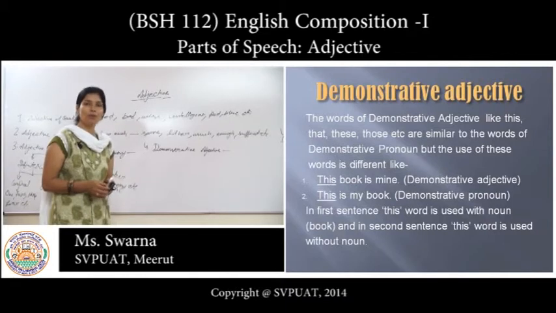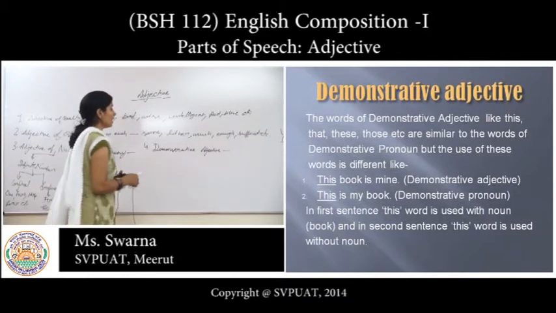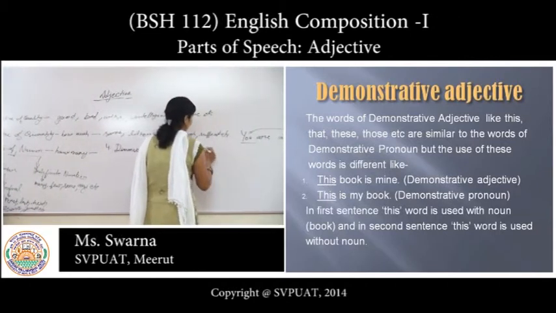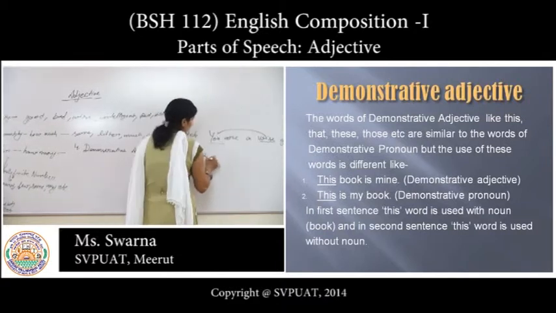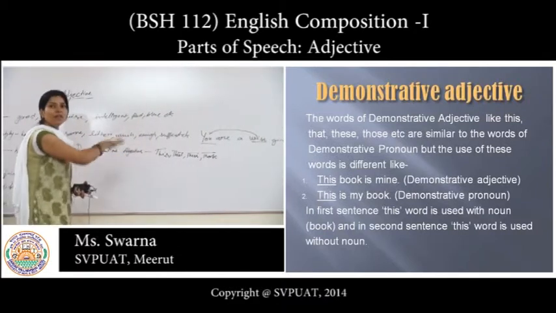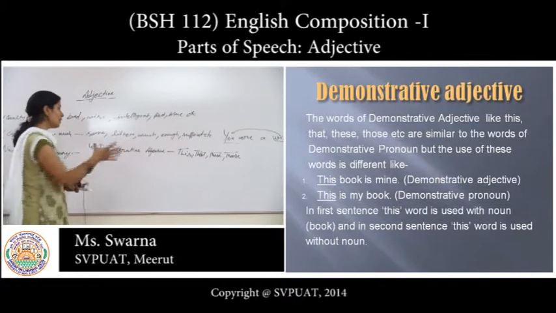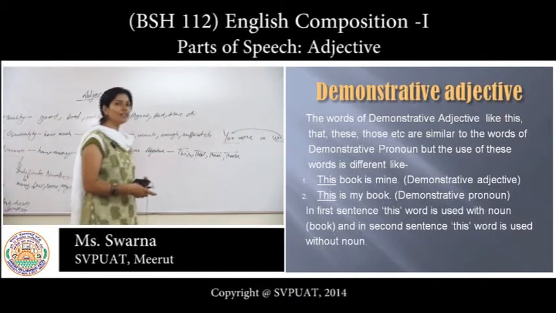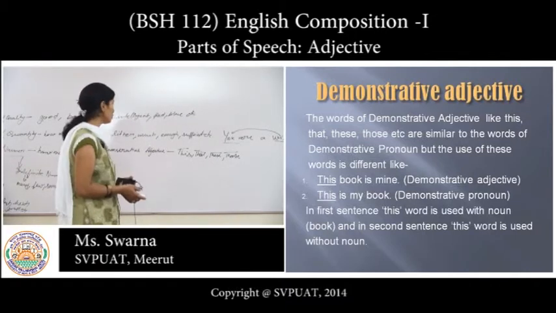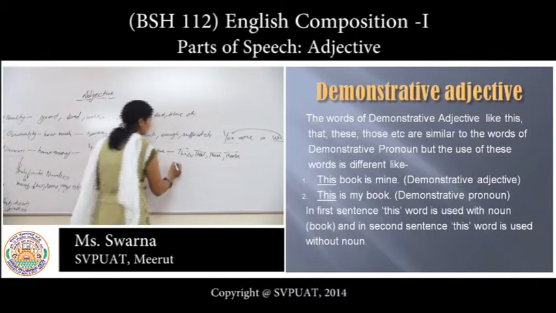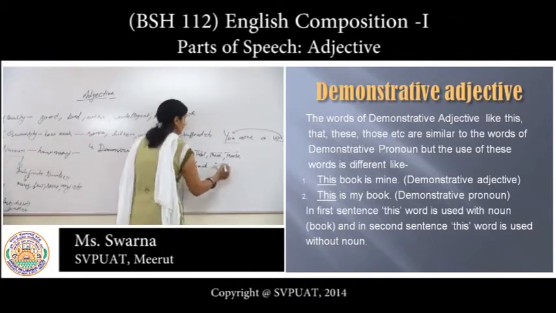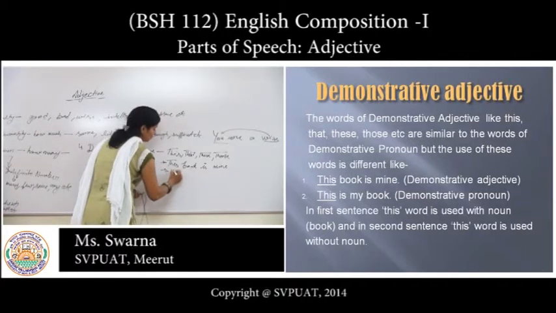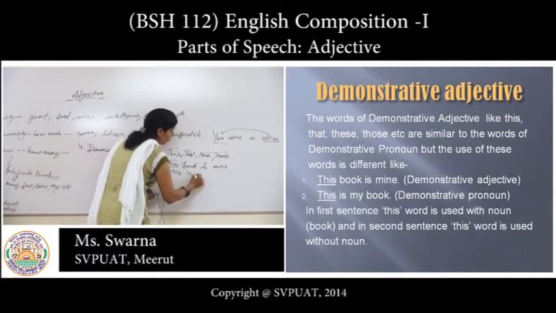If we use words like this, that, these, those, the words are the same in demonstrative pronoun and demonstrative adjective, but the use of these words is different. For example, this book is mine, and the second sentence, this is my book.